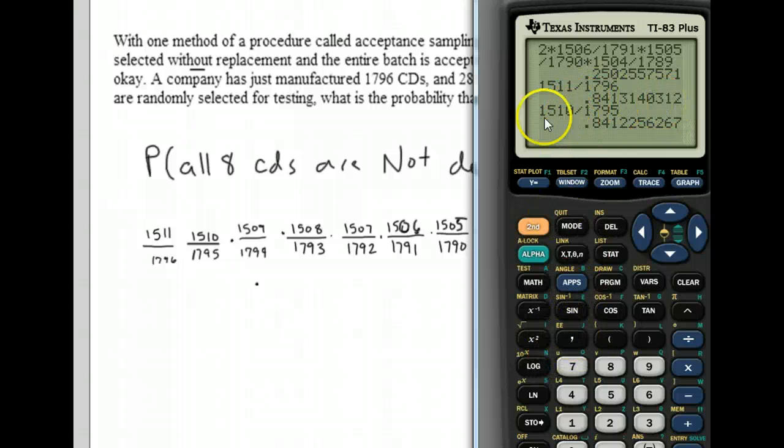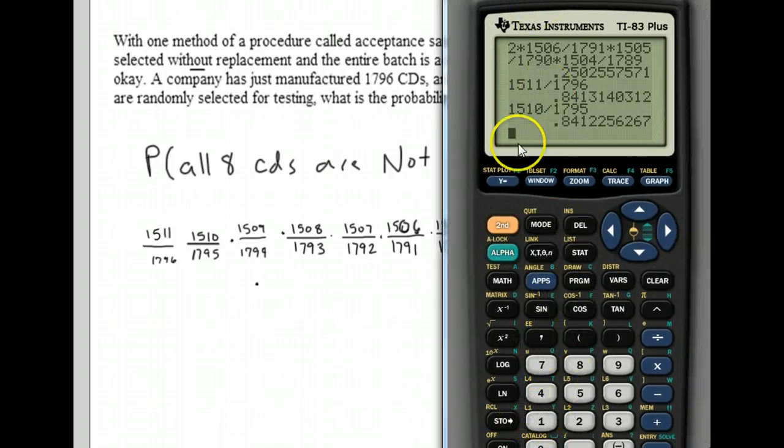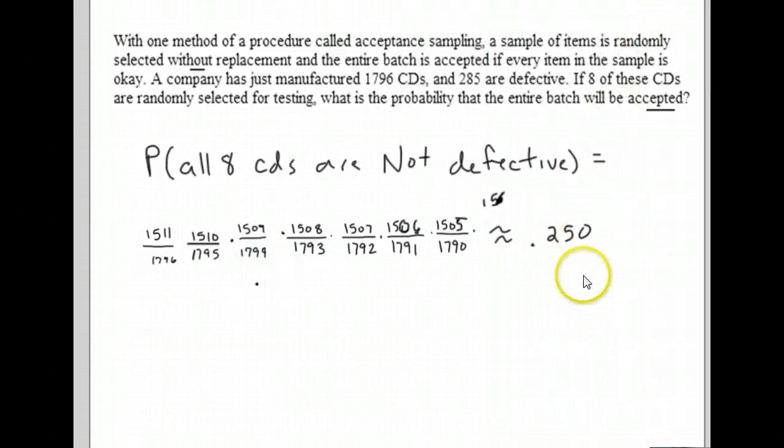So what the shortcut for cumbersome calculation says, I can take this first value, this 1511 over 1796, and even though we're doing it without replacement, we're not putting these CDs back in there, we can estimate it by doing that, because I'm doing 8 multiplications, and it's not that far off. 0.25, this would round to 1, whereas this didn't round to 1.